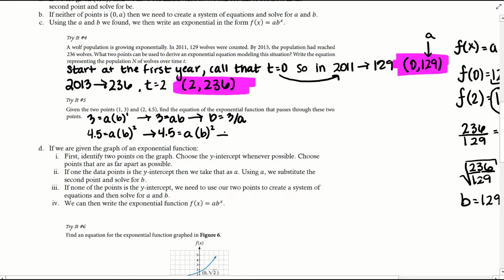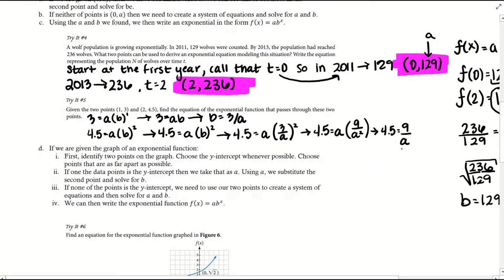So now I am going to have 4.5 equals a times 3 over a, squared. So 4.5 equals a, and then for 3 over a squared, we're going to square the top and square the bottom. So that would be 9 over a squared. And these a's will cancel out, so that I will just get 4.5 equals 9 over a.